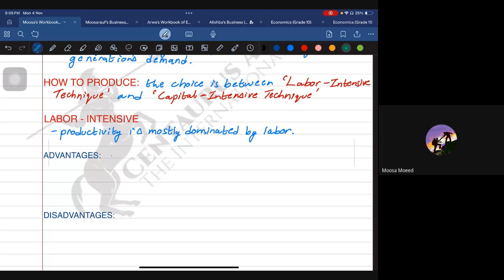What is the advantage? Let's suppose you are using labor to produce goods and services, and there is any advantage of labor in productivity. Tell me. You are utilizing labor to produce the goods and services.